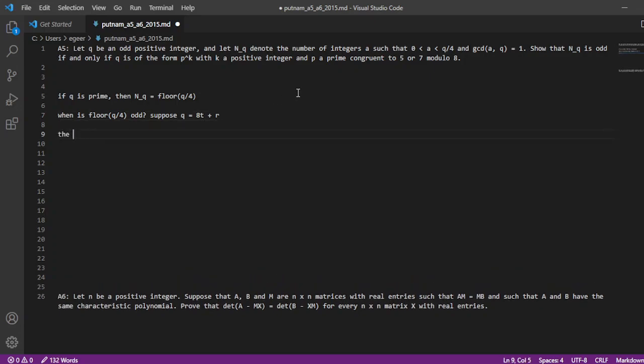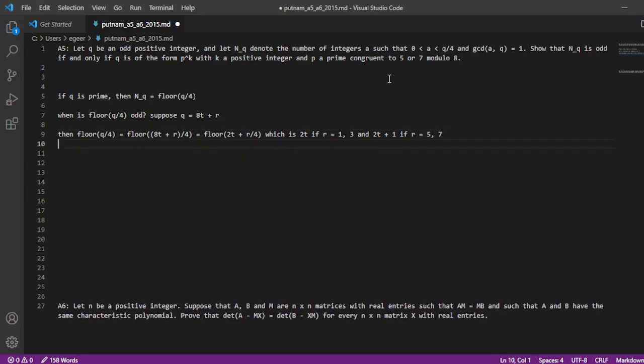Then floor Q over 4 equals floor of (8t plus r) over 4, which is 2t if r is 1, 2, or 3, and 2t plus 1 if r equals 5, 7.